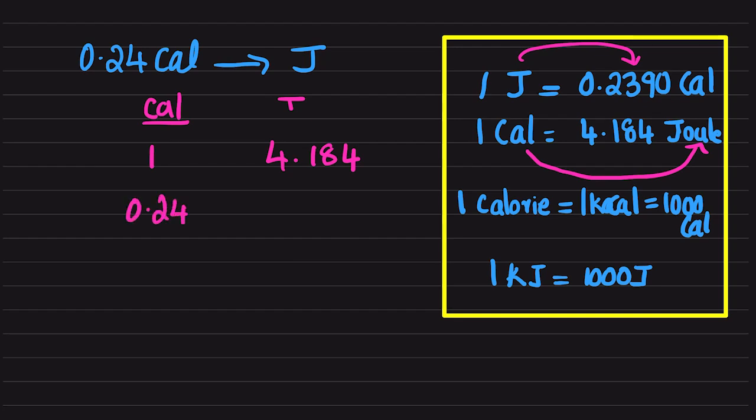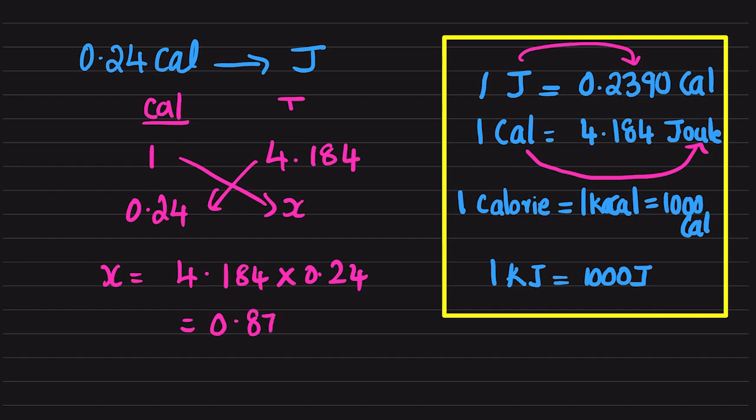So 0.24, take it as x. 1 times x equals 4.184 times 0.24. 4.184 multiplied by 0.24, we are getting the answer as 1.00416. It is in joule.